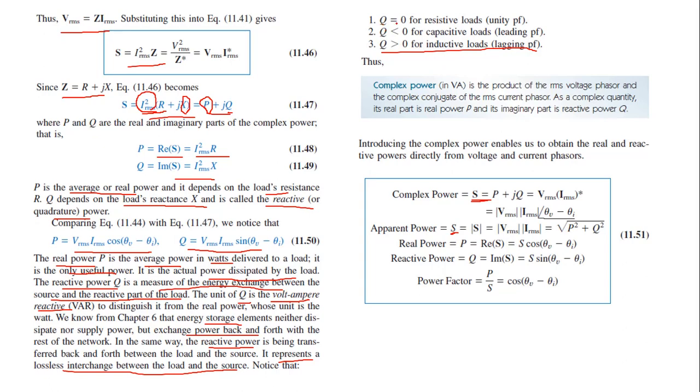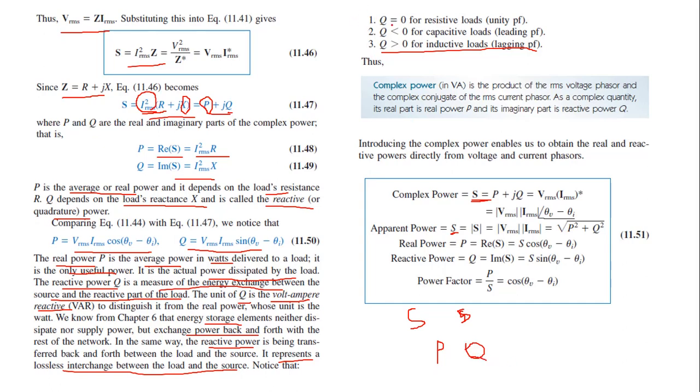So if Q is equal to 0, first of all let us be thorough with what the powers are. S is called apparent power, and capital S vector is called complex power, P is called real power, and Q is called reactive power, right?